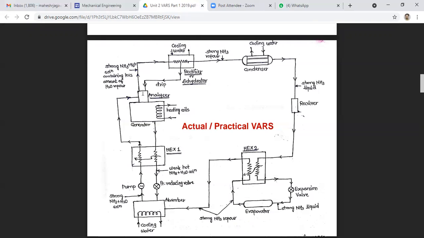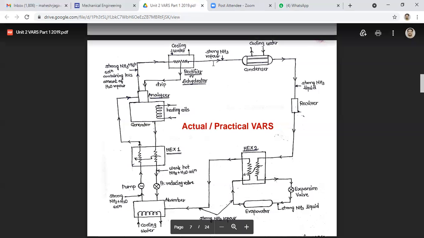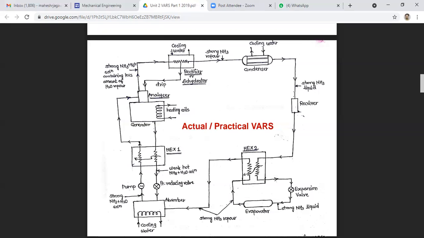Okay, so the function of this dehydrator is to cool further the vapor ammonia leaving from the analyzer, so that the remaining water will be condensed and again supplied to the analyzer. So strong ammonia vapors will be supplied to the condenser, and in the condenser again heat exchange takes place, and strong ammonia vapor will be converted into strong ammonia liquid, which is collected in the receiver.